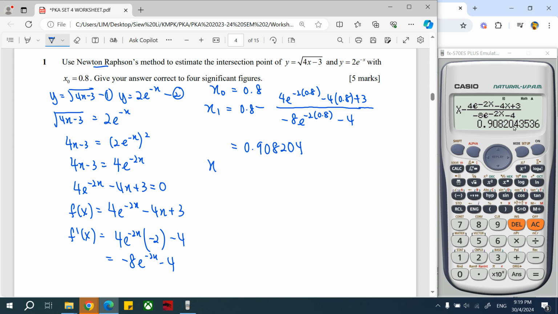Then continue for the second approximation. Substitute 0.908204 into the Newton-Raphson formula, so the function and the differential function.